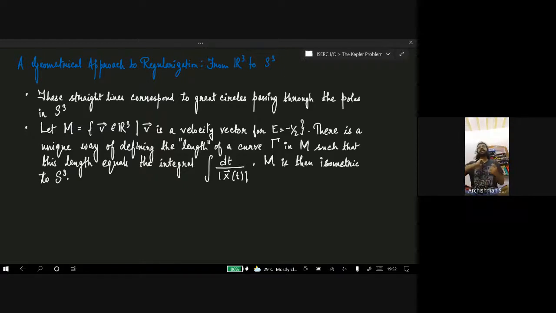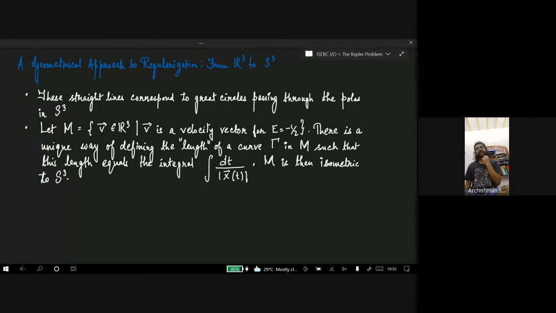And I can continuously move on the great circle without any kind of singularity. But these great circles are nothing but something that arises from the velocity vectors in a perfectly analytic way, so to say.